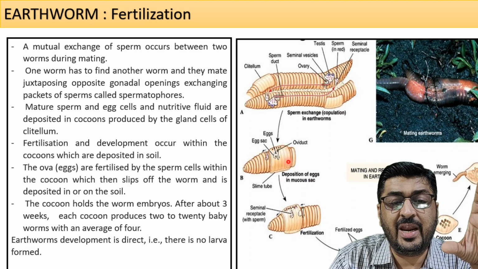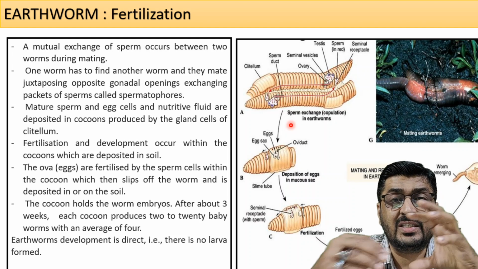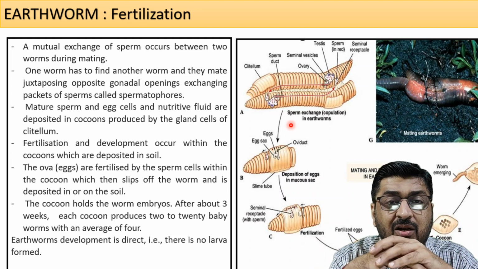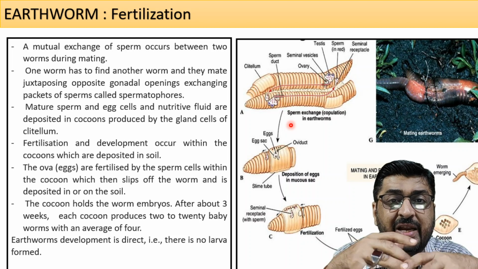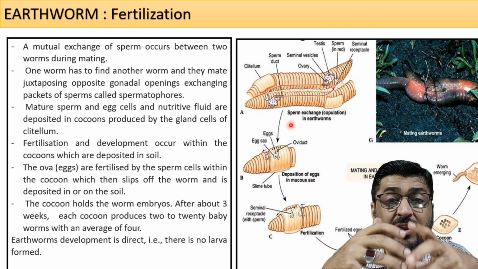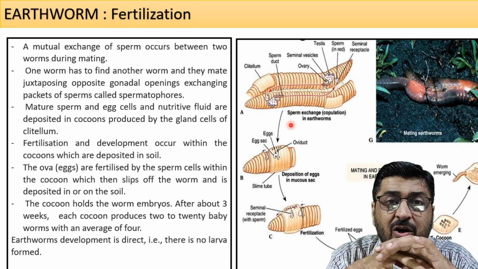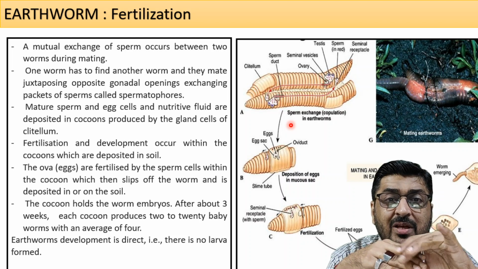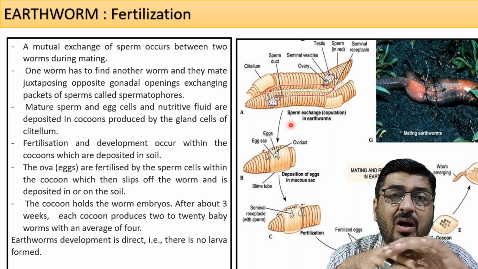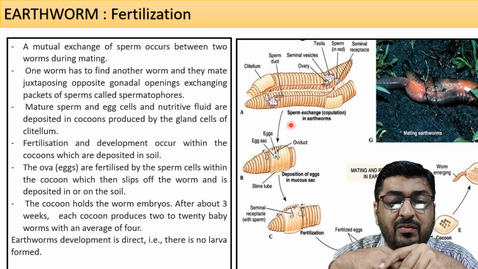See, the entire earthworm, right now, it slides the cocoon, the material which is secreted by the clitellar glandular epithelium, which is forming the cocoon material, it slides, and as it slides it passes over the spermatheca, and as it passes over the spermatheca, sperms get deposited inside it and fertilization will occur.